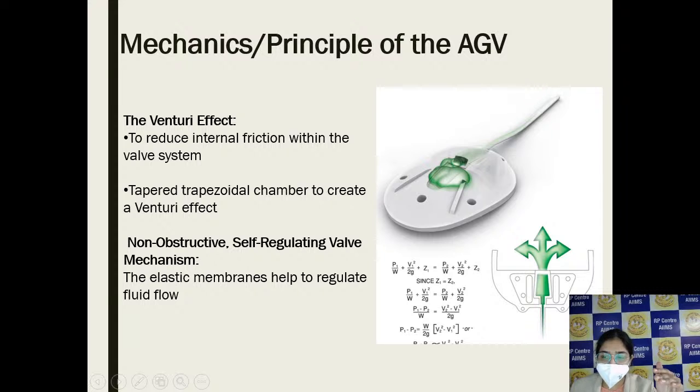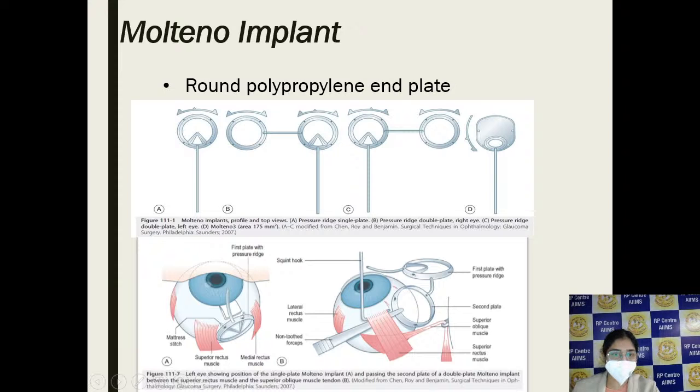So this maintains a steady flow rate into the big chamber. It reduces the interstitial friction within the valve system, and the tapered trapezoid chamber creates a Venturi effect, so the fluid can drain with less resistance into the chamber. The elastomer membrane regulates this drainage.